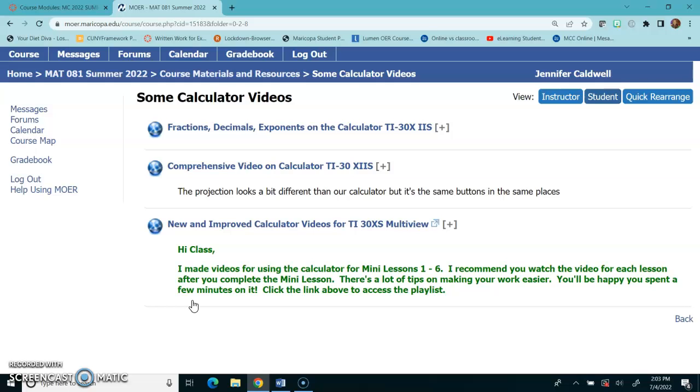We are also able to use our scientific calculator for this upcoming exam. So here are some videos to help you if you're wondering, how do I enter fractions on my calculator, or exponents, etc. Here's a few videos that I have for you, just to help you learn some of the keystrokes. If there's something that you're wondering how to do on your calculator, chances are it's included in one of these brief videos, so that can help you familiarize yourself a little bit more with your calculator.